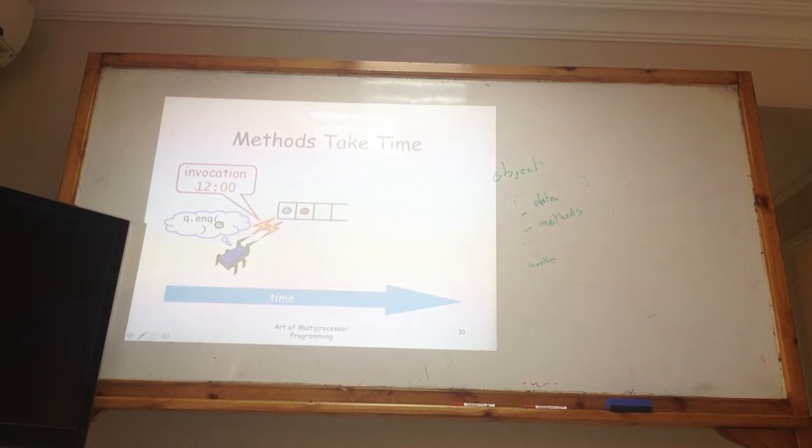At 12 o'clock, this blue processor or thread wants to insert a new element, the green element, into the queue. It will start working and process until some time later. Your invocation does not happen immediately. There is a time interval where you do the work and you finish.